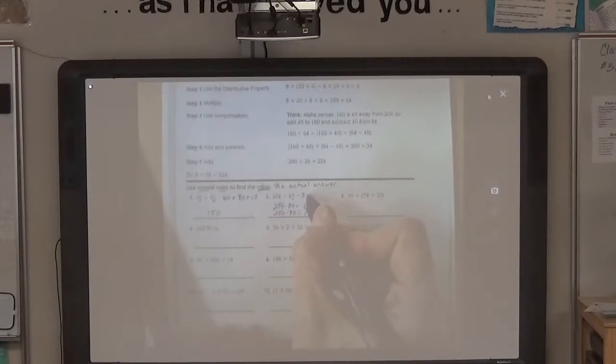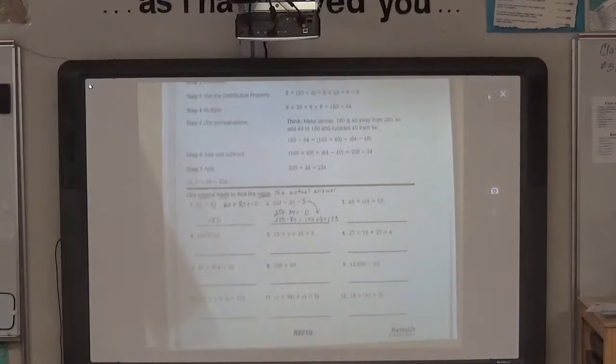But then we have to put this 3 back. We have to put that back into the number. So it's 173. Okay? Again, that one's pretty hard. You've got to really break those numbers apart. Write this down. This is part of your assignment.